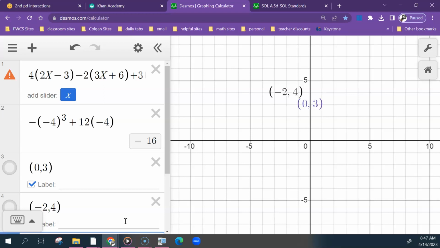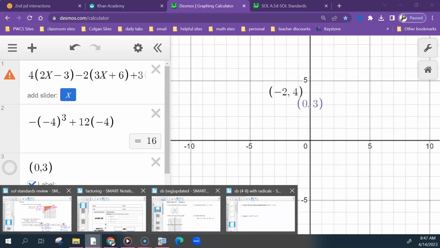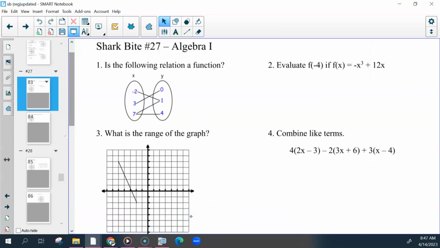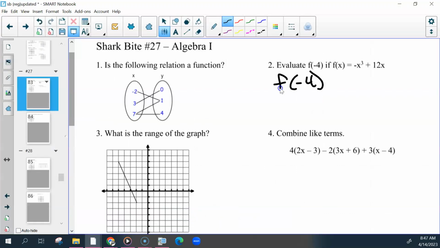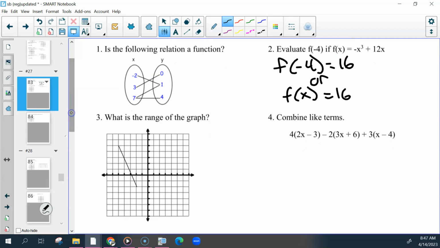So you would write that f of -4 equals 16, or f of x equals 16. Remember, if you're using this answer, to say that it was done on Desmos. Questions on that one?